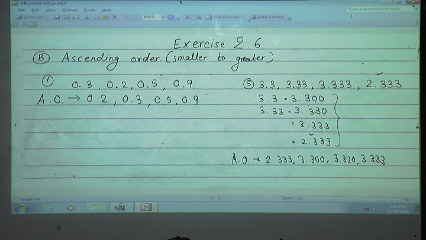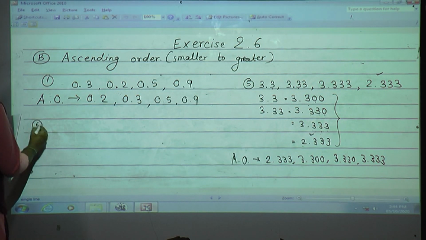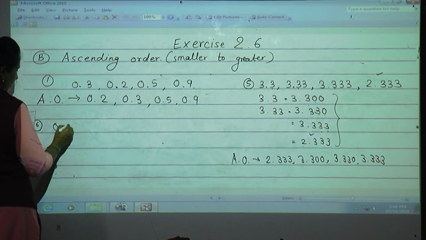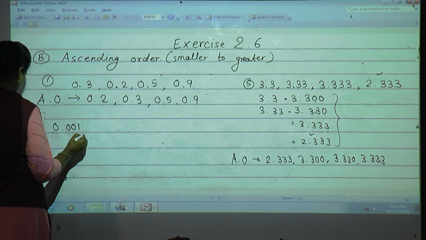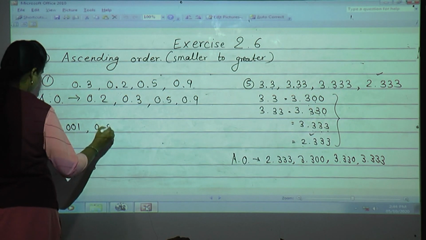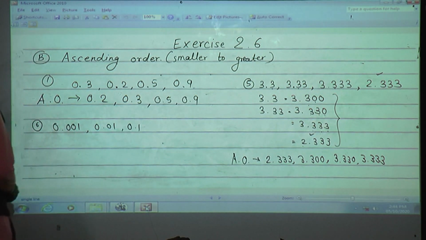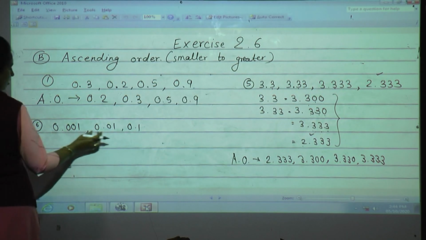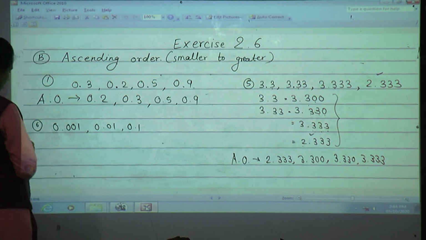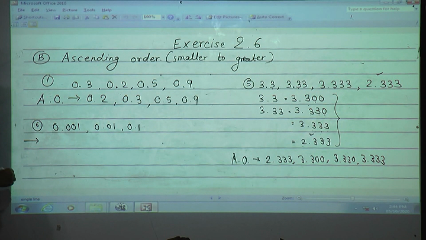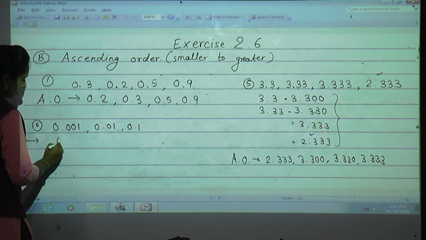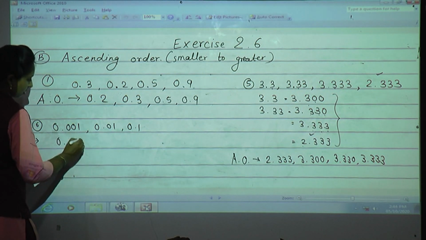Yes, very good. Now last one more example I'll solve. The sixth one for you. What is the sixth one? 0.001, 0.01, 0.1. Now see, after the decimal, 3 places, 2 places, 1 place. Now what I'll do, first we will convert into like decimals. First will remain as it is.